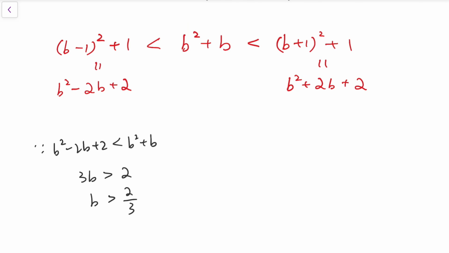Now, from this inequality, we know that the equation tells us this is equal to the square of some positive integer plus 1. So because it's between b minus 1 all squared plus 1 and b plus 1 all squared plus 1, then a has no choice but to be an integer that's between b minus 1 and b plus 1.